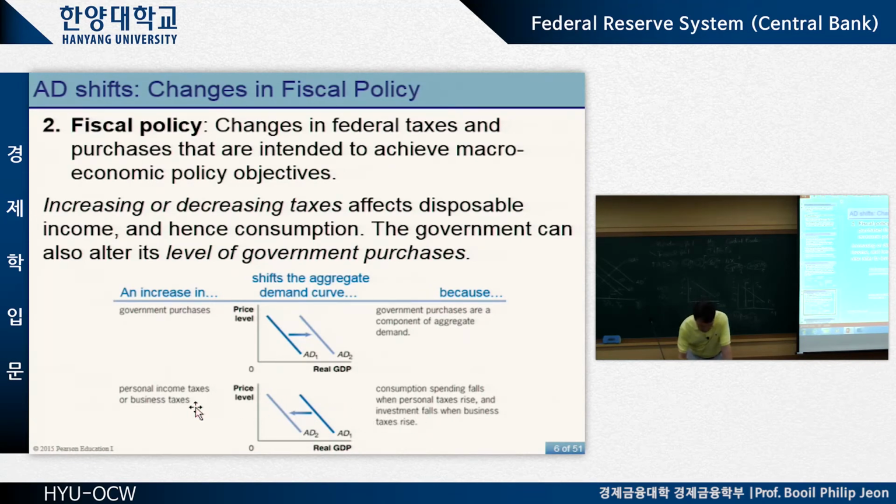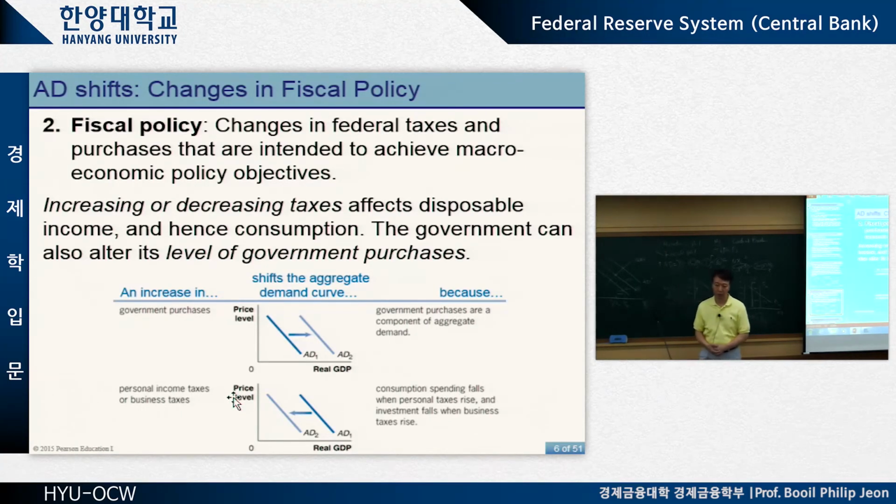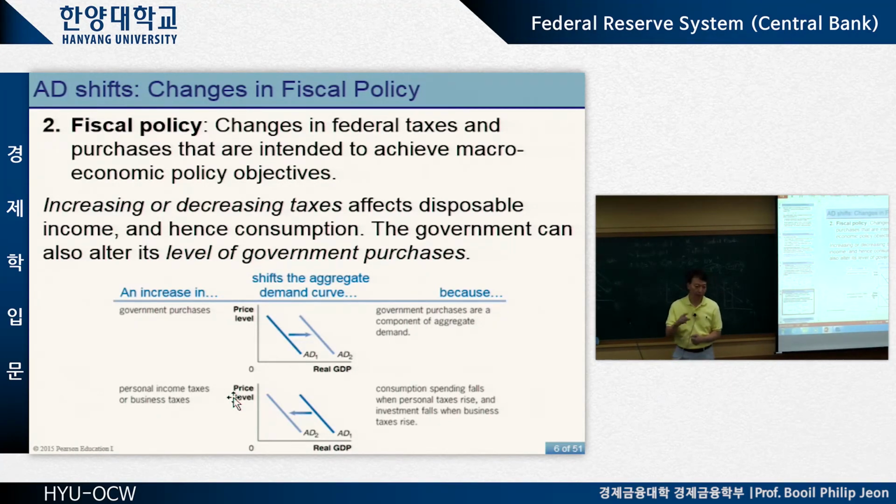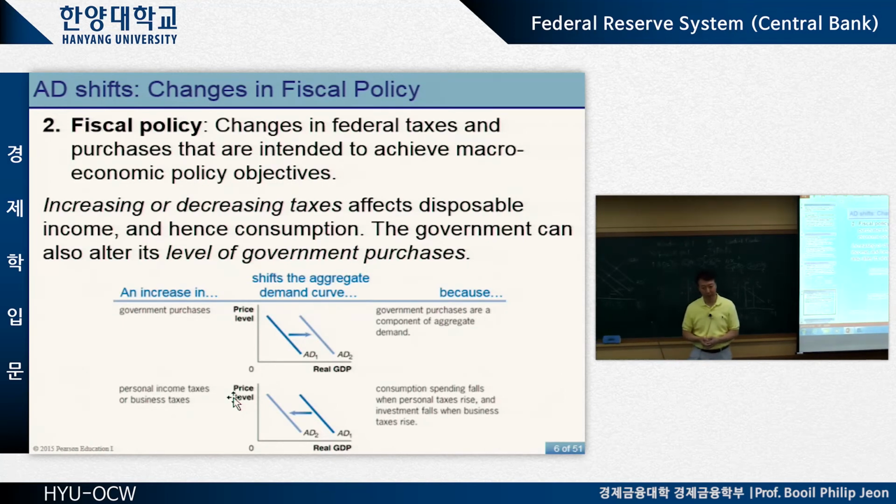If personal income taxes and business taxes are increased, that's contractionary policy, because tax is a leakage from the system, from the circulation. If tax increases, then you're sucking some money out of the circulation, so that will have a negative impact on the economy.